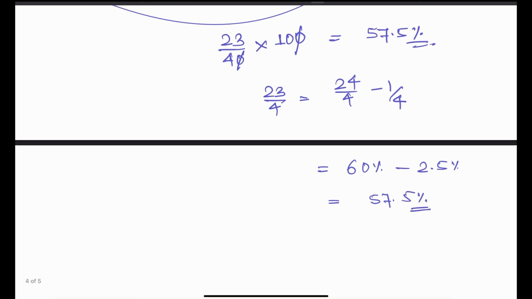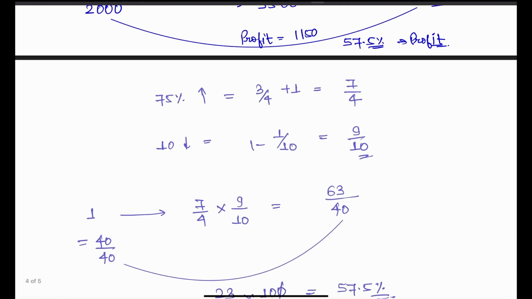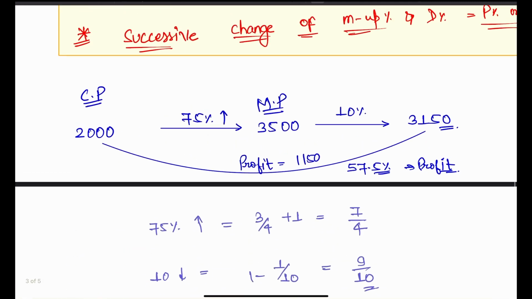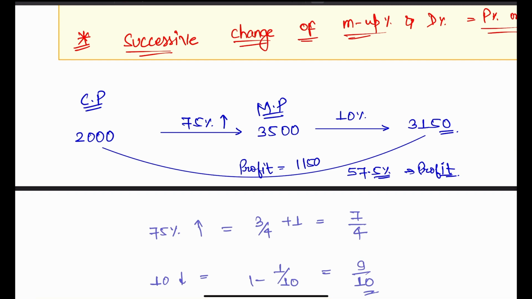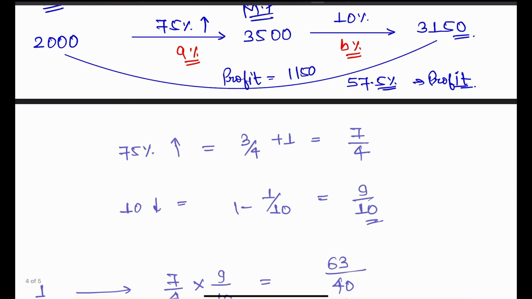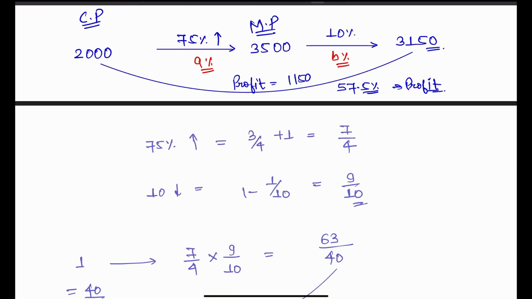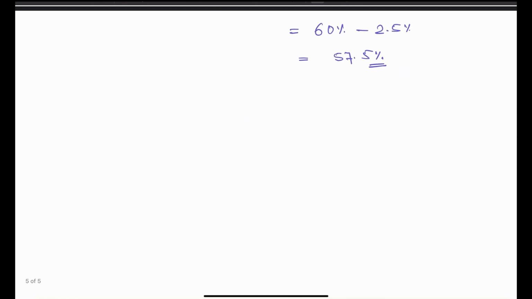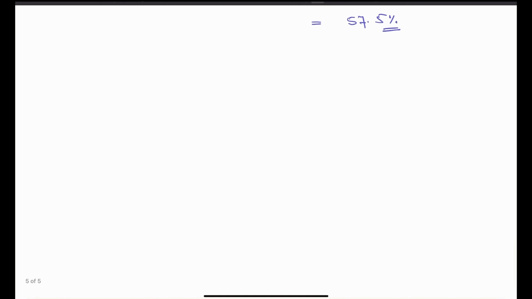So there's one more thing we can notice. Suppose I call it a% increase and this is b%. Let's take a% increase and b% increase.